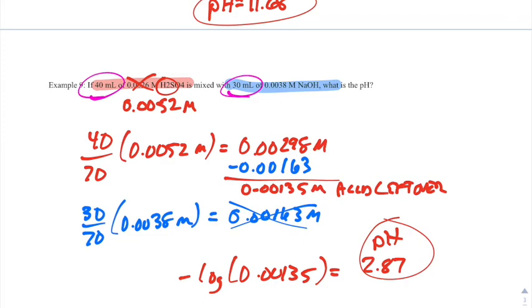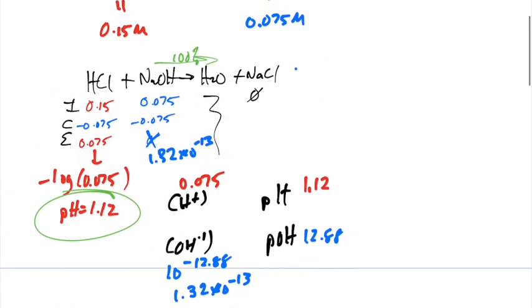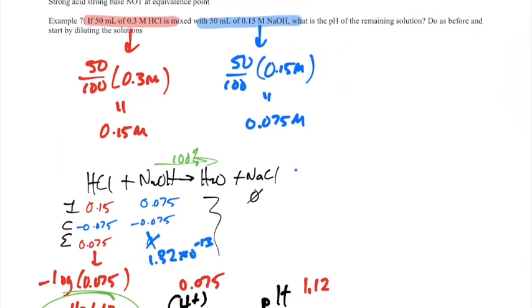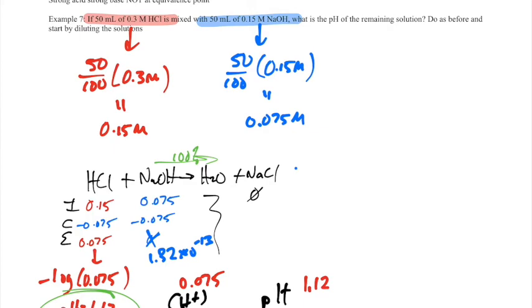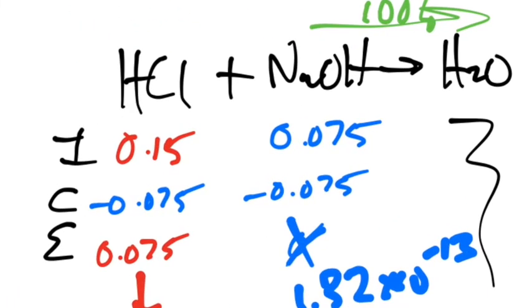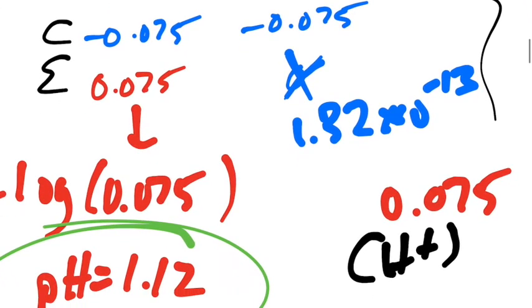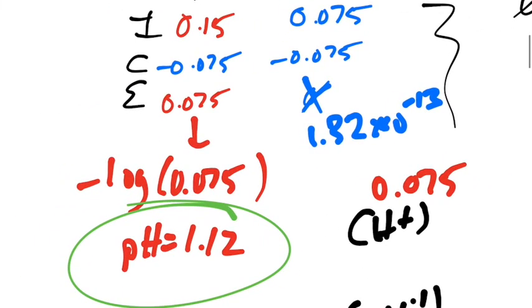So in all of these cases, we have now combined all of the skills that we have learned. If you take two solutions and dilute them together, you have to cross-dilute them by their volumes. You then react it as far over as you can. Whichever one you end up with more of, that one you take the negative log of, and it becomes the P of that value. So in this example, we ended up with excess acid.